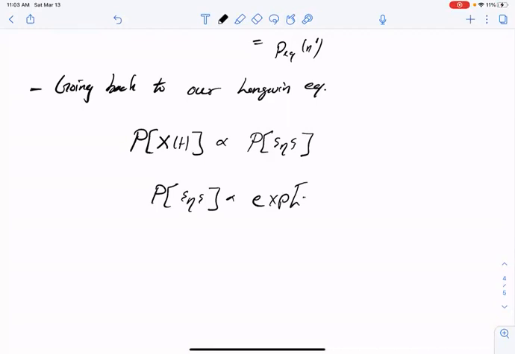In general, the probability of seeing a specific trajectory in eta, in those sets of random noises, is a Gaussian.